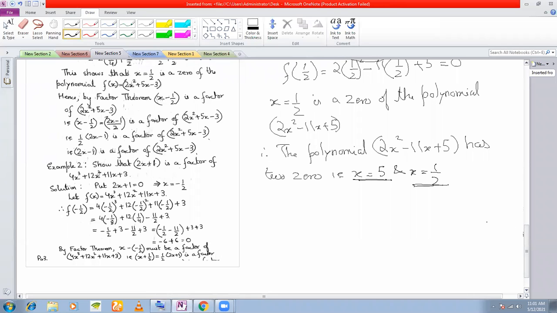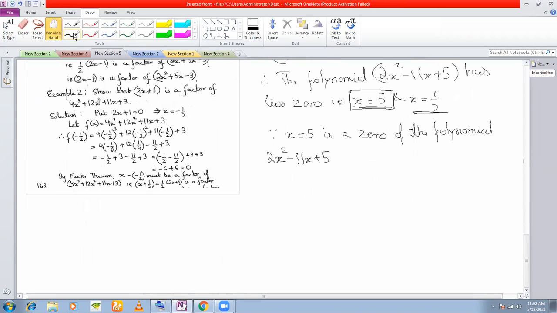Once you know any particular value or any set of values to be the zero of the polynomial, here we know two values to be the zeros of the polynomial. Let us consider x is equal to 5. Suppose I know x is equal to 5 to be the zero of the polynomial. So we write, since x is equal to 5 is a zero of the polynomial 2x square minus 11x plus 5, therefore, now comes the factor theorem.